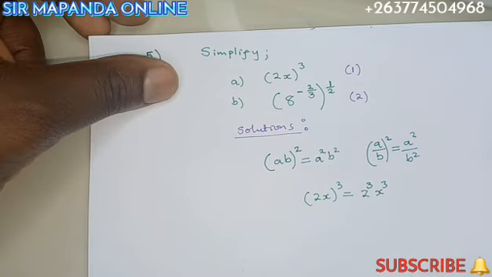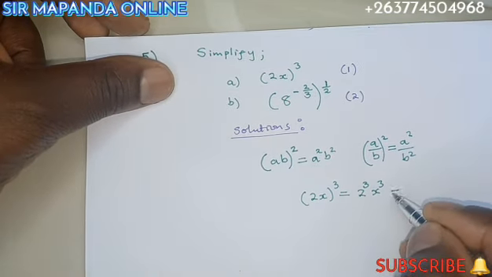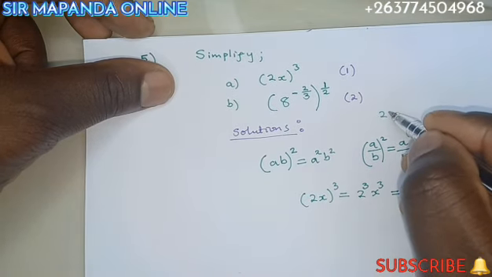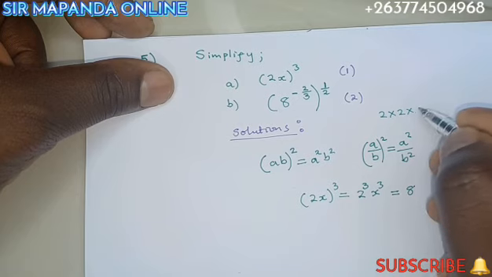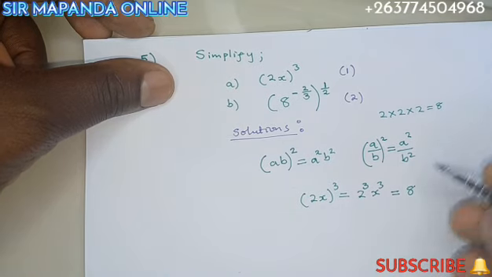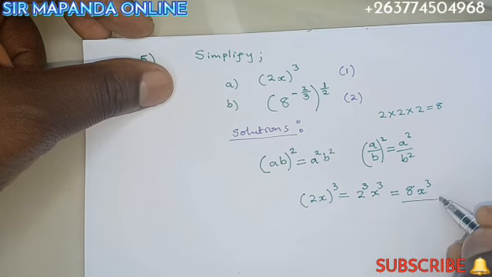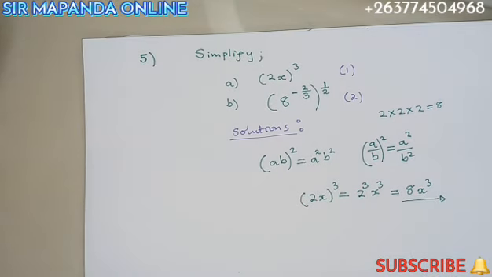I hope you are listening. 2 to the power of 3 gives us 8, because it is like 2 multiplying itself 3 times. We get 8. So the answer is 8x to the power of 3. I hope you are following.